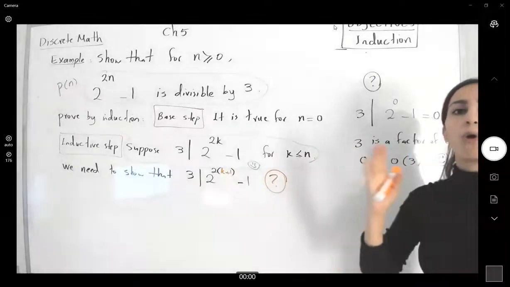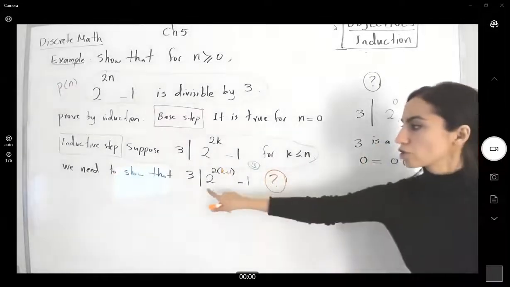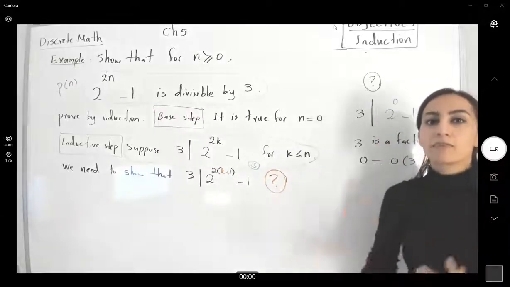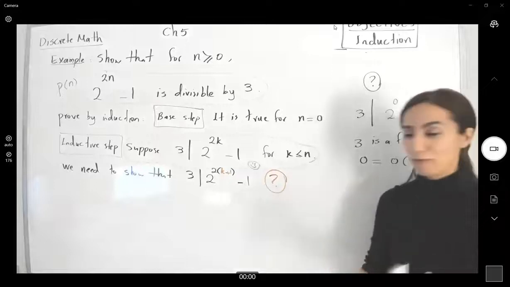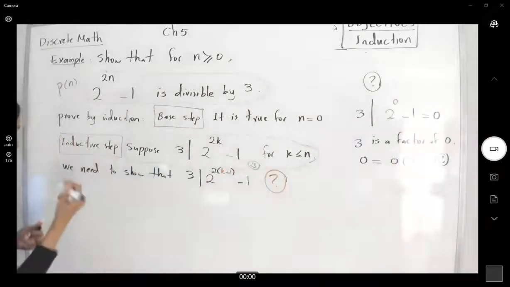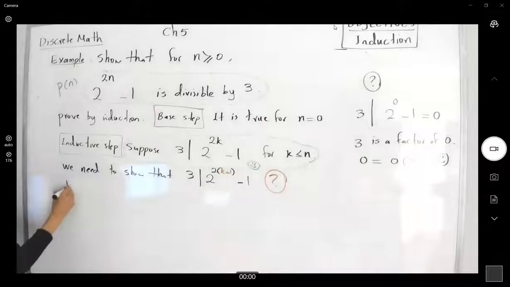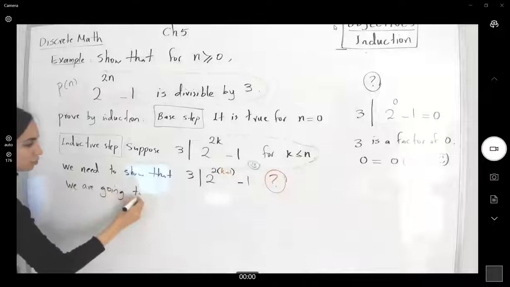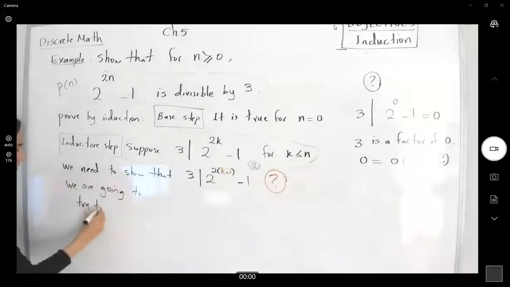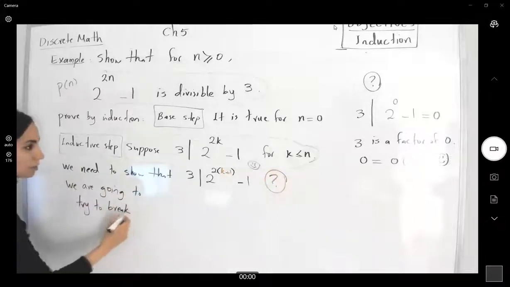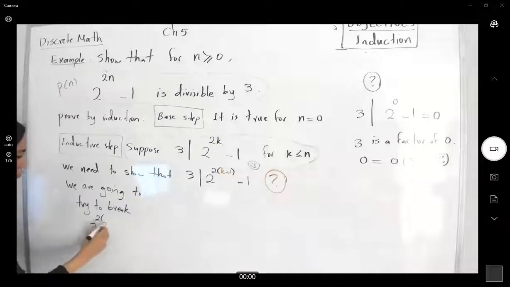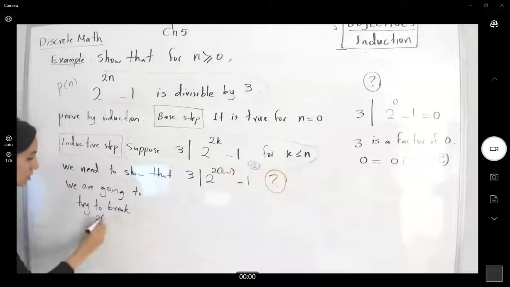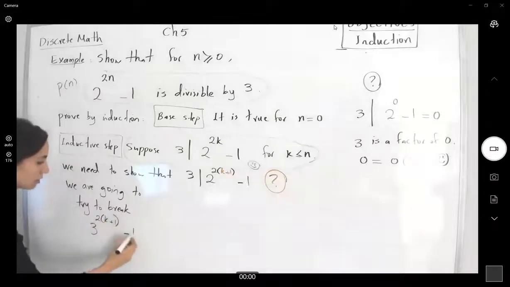Okay. One of the methods is to try to write this expression in a way that 3 appears somewhere. So we are going to try to break 2 raised to 2 times (k plus 1) minus 1 down.